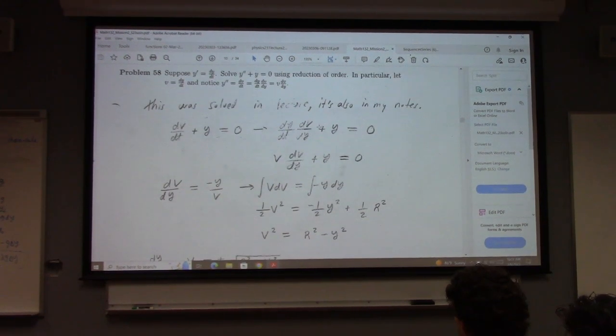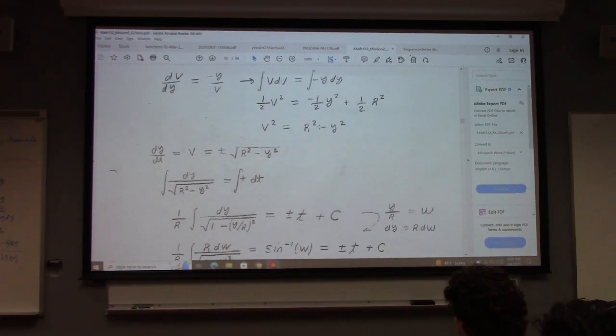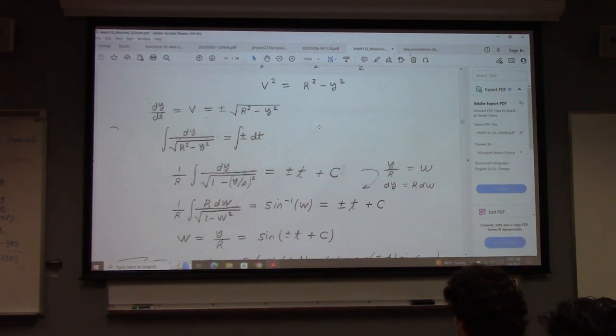Here is the problem that is like the math battle problem that none of you did. I make the substitution, do the v dv dy trick, separate, integrate, and then I have to solve for v. Solving for v gives me a square root integral, which you can solve with an inverse sine.